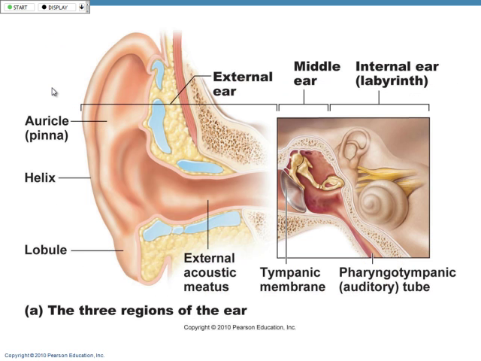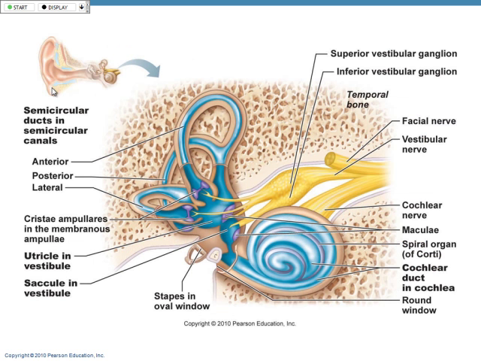Yep, the external what? Acoustic meatus. And those sound waves are going to bang into that drum head we talked about, called the tympanic membrane. That's going to set those bones in motion, and they're going to push against something called the oval window once that vibration gets down through the bones and reaches the stapes.